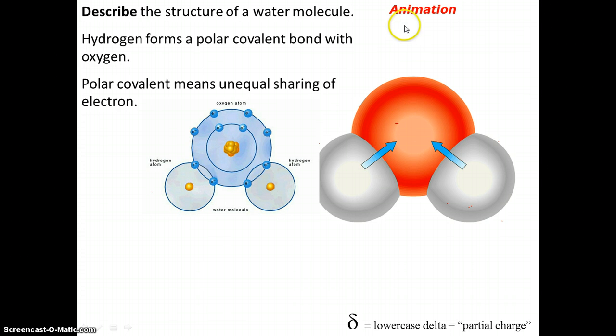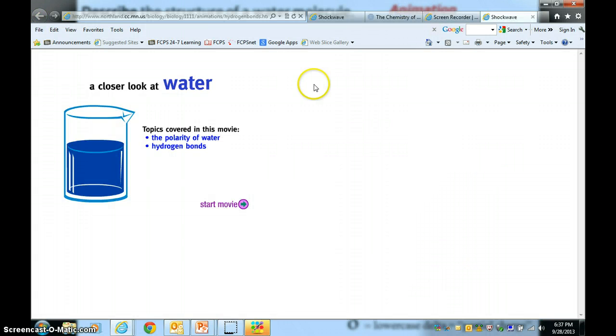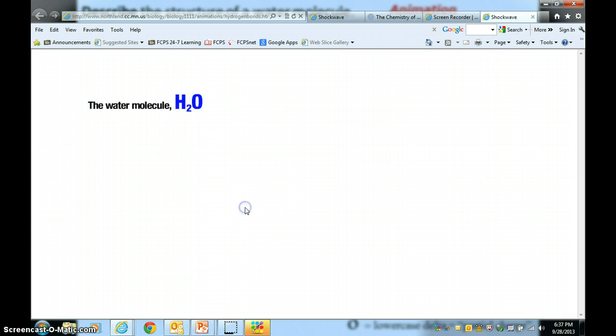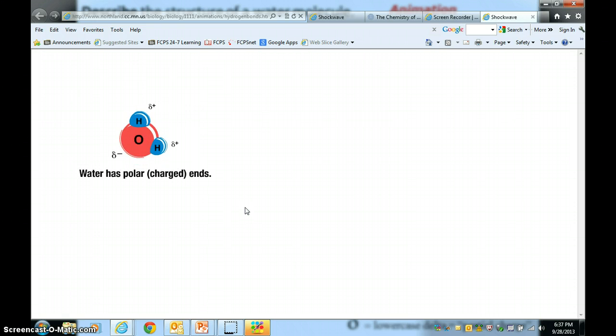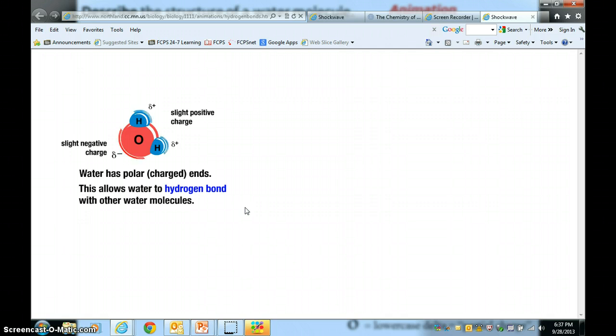If you look at this animation clip, it shows a water molecule, and it looks like a Mickey Mouse, an oxygen and 2 hydrogens. So we say water has polar ends, or charged ends, and these charged ends allow the water molecule to form hydrogen bonds with other water molecules. What does that mean?